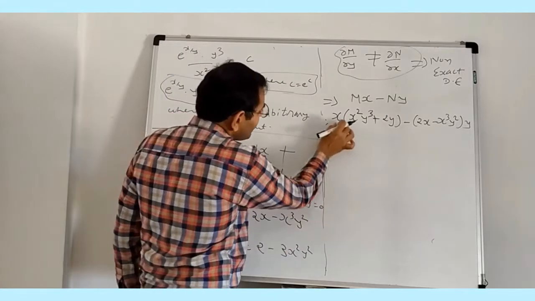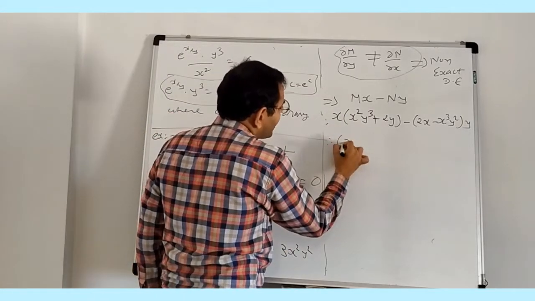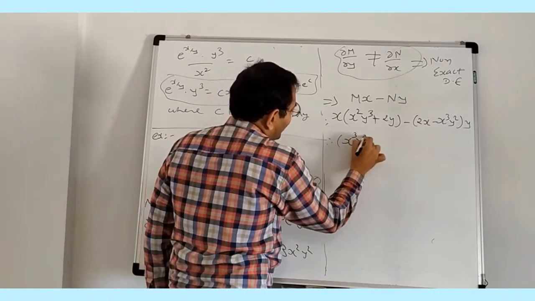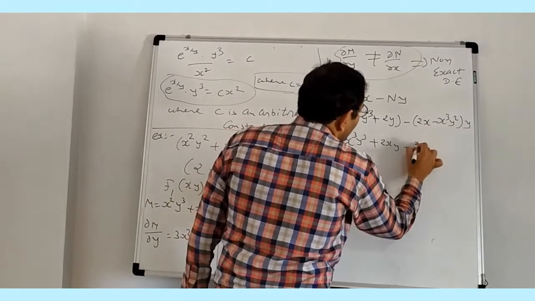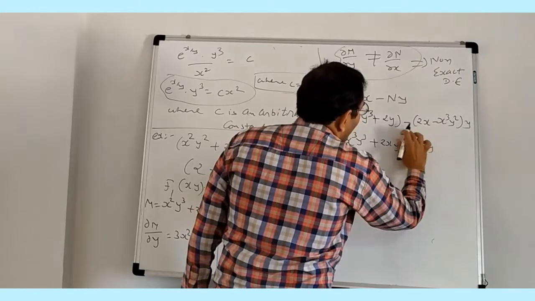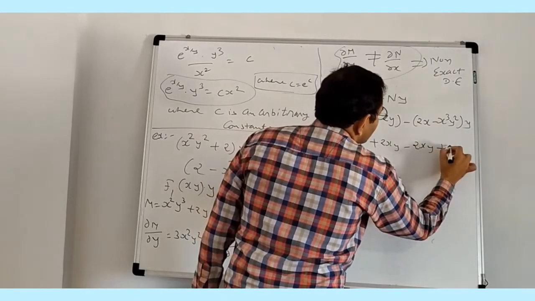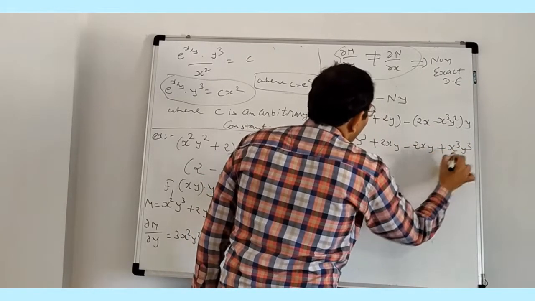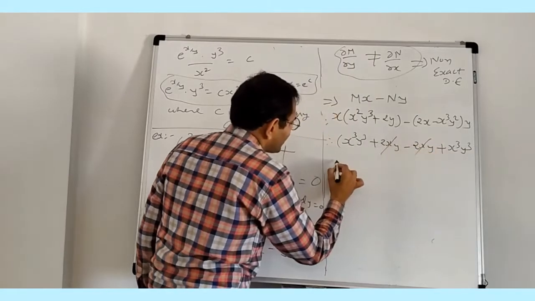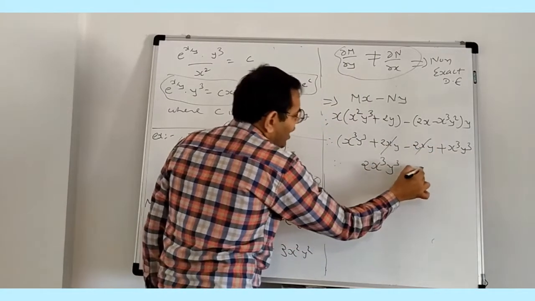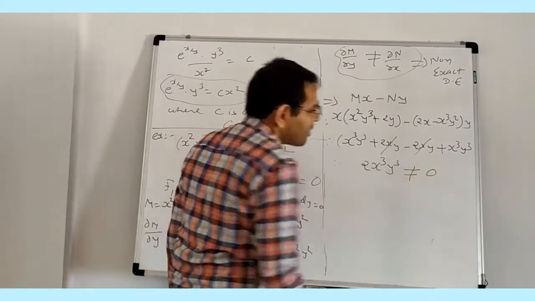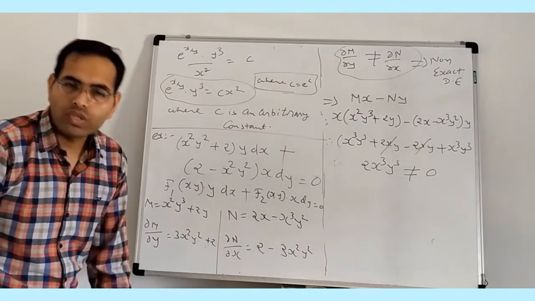Then x goes inside the brackets: x cube y cube plus 2xy, minus 2xy minus minus plus x cube y cube. The 2xy cancels out, and we get 2x cube y cube, which is not equal to 0.